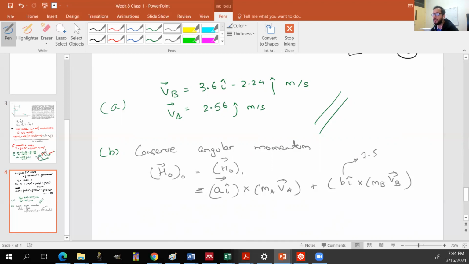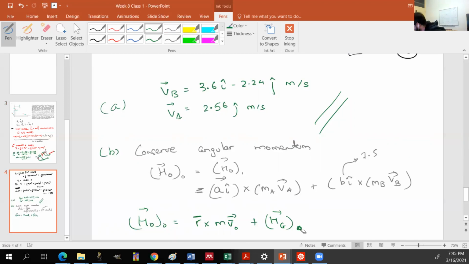For the initial angular momentum, you'll remember from our notes that angular momentum about a point, let's say we're doing it initially, is going to equal the position vector of your centroidal frame of reference crossed with the linear momentum of your centroid, which is given to you in the problem, plus the angular momentum of the centroid at initially.